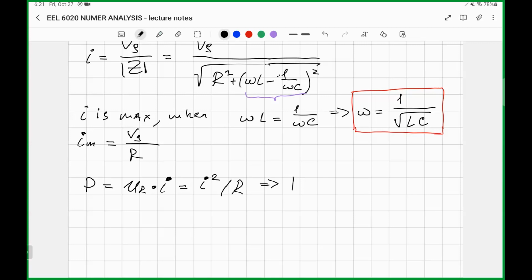Okay, so the power is maximum when ωL is equal to 1 over ωC.